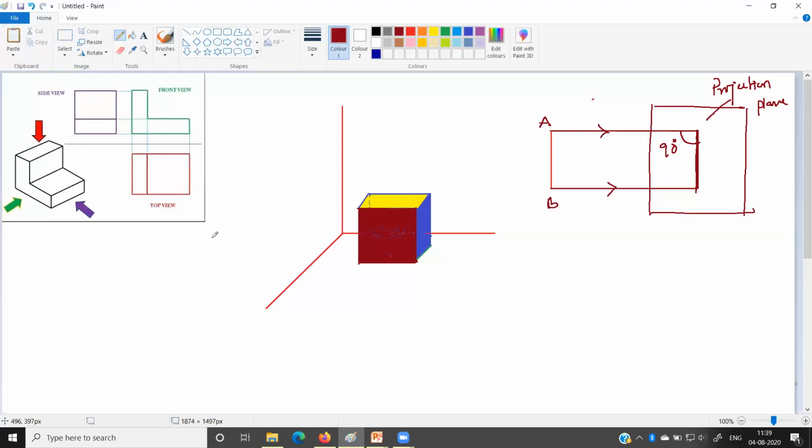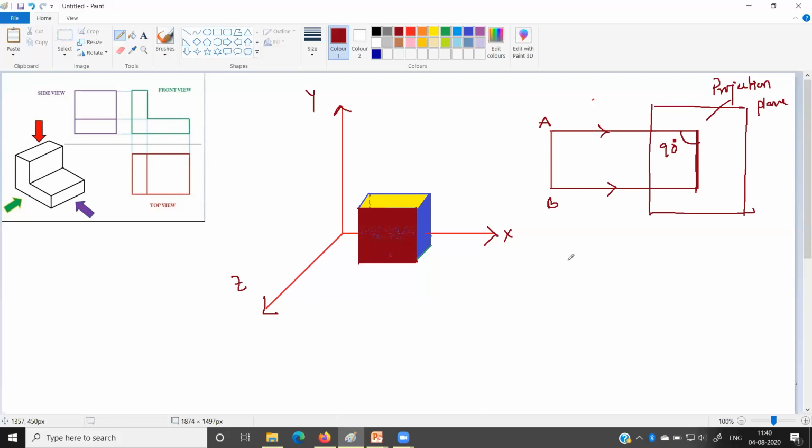Now here you can see another example, there is a cube, and let us assume that this is our x-axis, this is our y-axis, and this is our z-axis. Now when you want to project the object on any 2D plane, the plane may be the xy plane, xz plane or yz plane.